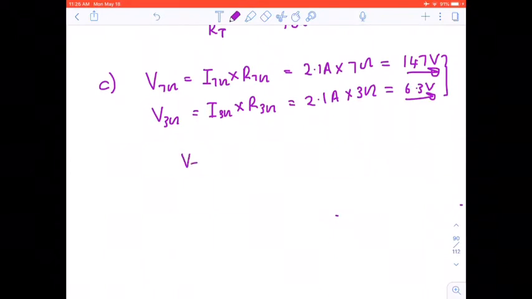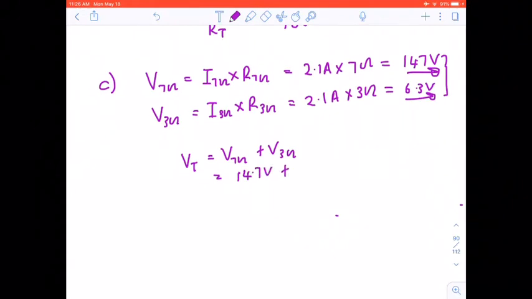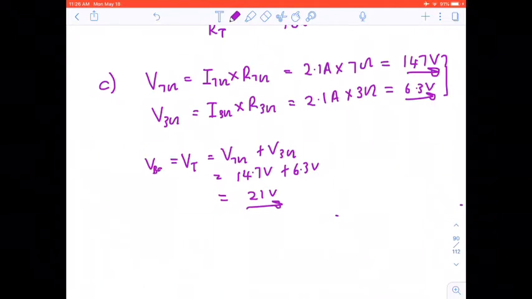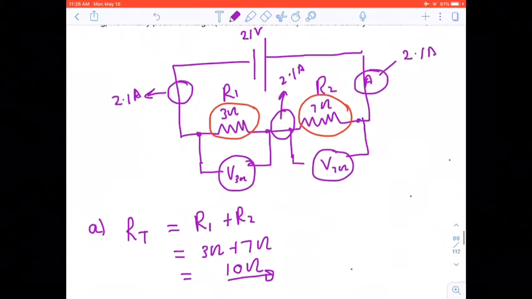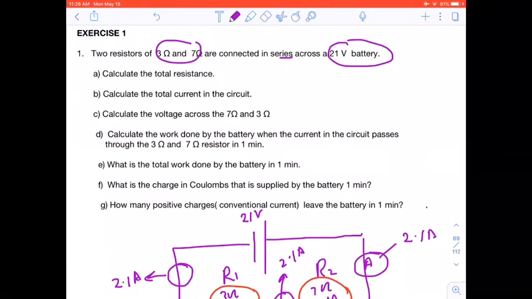So V total would be V across the 7 ohm resistor plus V across the 3 ohm resistor, which would be 14.7 volts plus 6.3 volts, which gives us 21 volts, the total voltage, and we know that that is actually the voltage across the battery. Okay, so we have dealt with that.